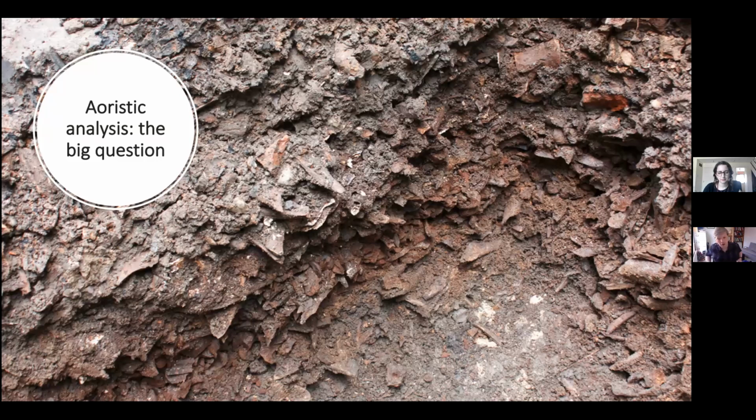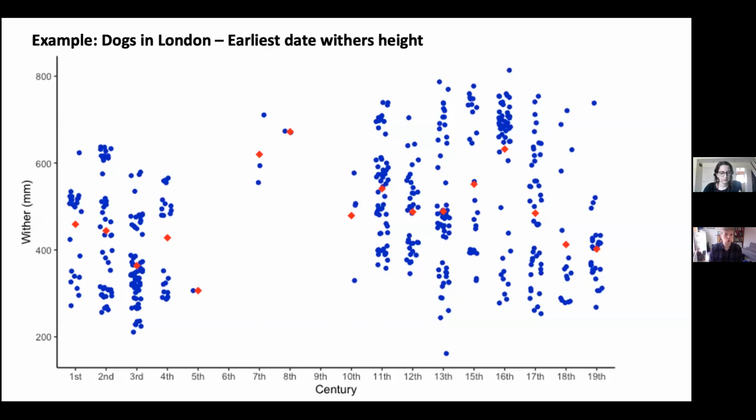So it can work and it can show you some useful information, but as with every methodology, it has some problems. It also is a bit more problematic if you want to look beyond your simplistic element or species count data. So for example, this is dogs' withers height data from London, split into centuries, from the first all the way through to the 19th century.